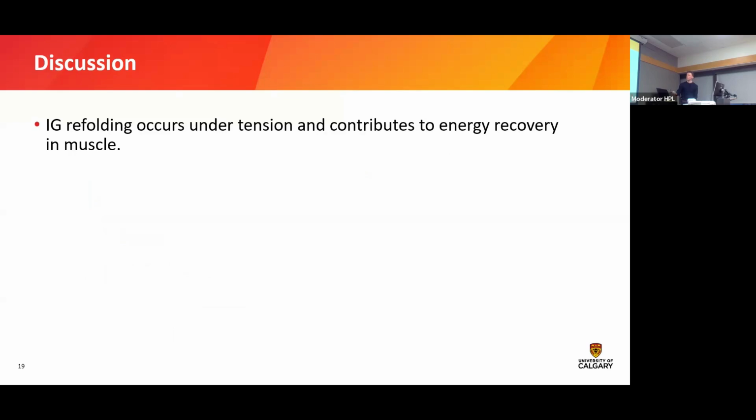Okay, so what does this mean? The first thing is that immunoglobulin domain refolding occurs under tension and contributes to energy recovery in muscle. This is pretty important because this has only ever been shown in individual immunoglobulin domains.